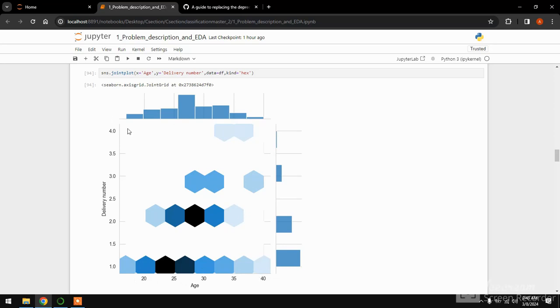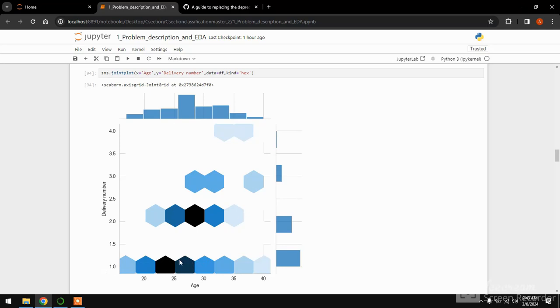All right, so the darker the color, the more people lie there. For example, we can see that a very small number of women between the age of 34 and 36 have two babies. That's just the statistics of what we have.